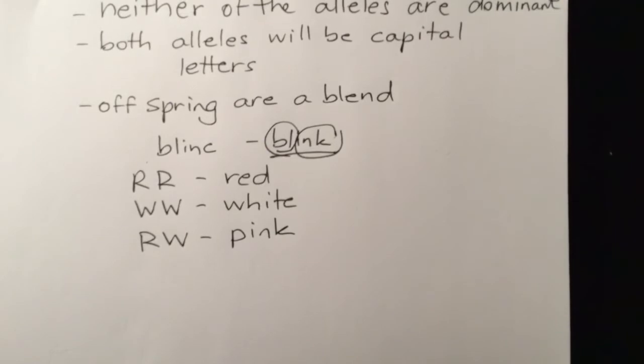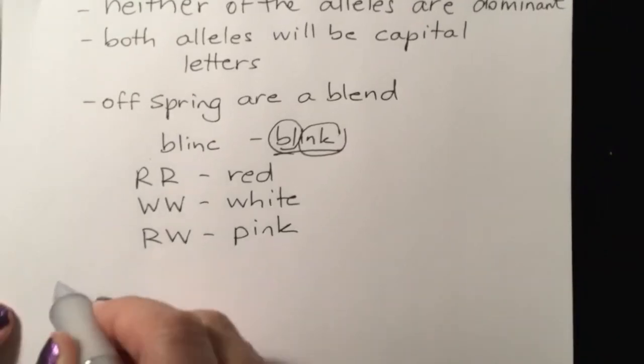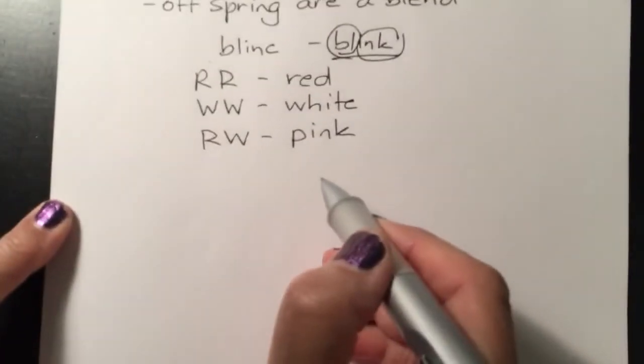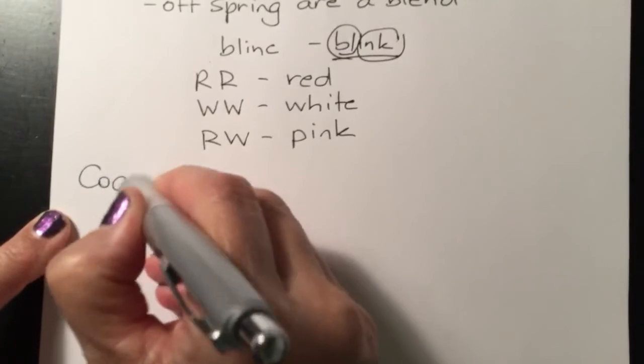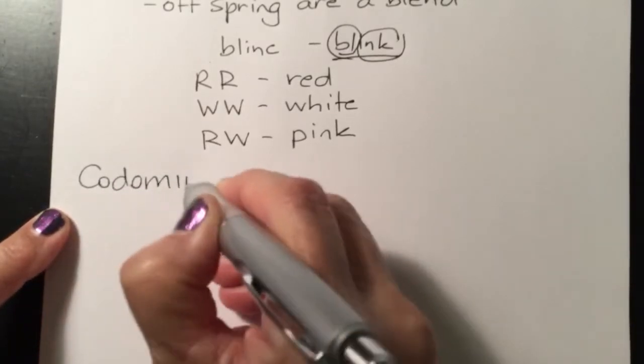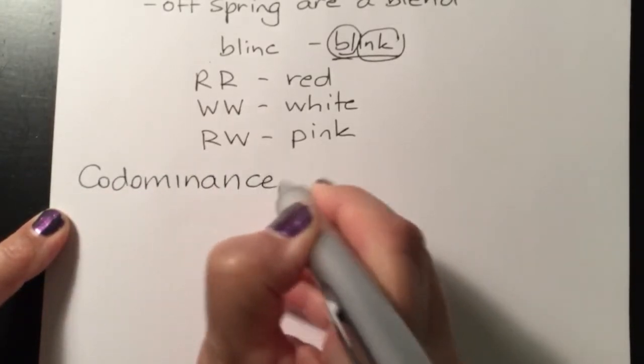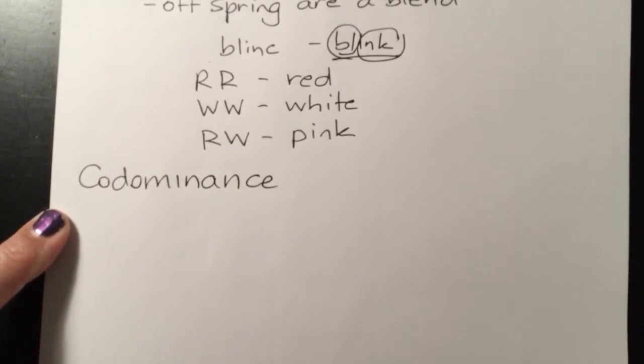Okay, with codominance. Co means together, and with codominance, neither of the alleles is dominant over the other, but both alleles will be capital letters, and the offspring are no longer a blend.